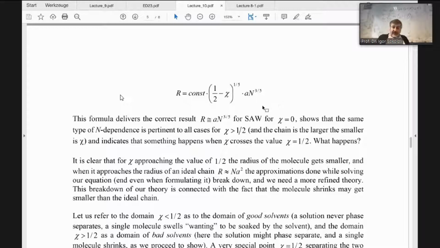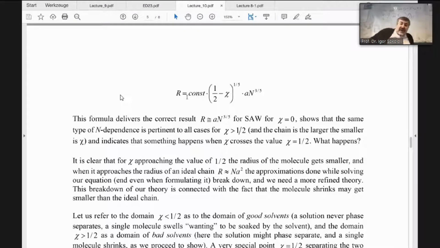But there is a difference when phi is very close to 1/2, because then this is 0. And R equal to 0 is nonsense, because there is still a repulsion between the monomers, and they cannot collapse into a point.